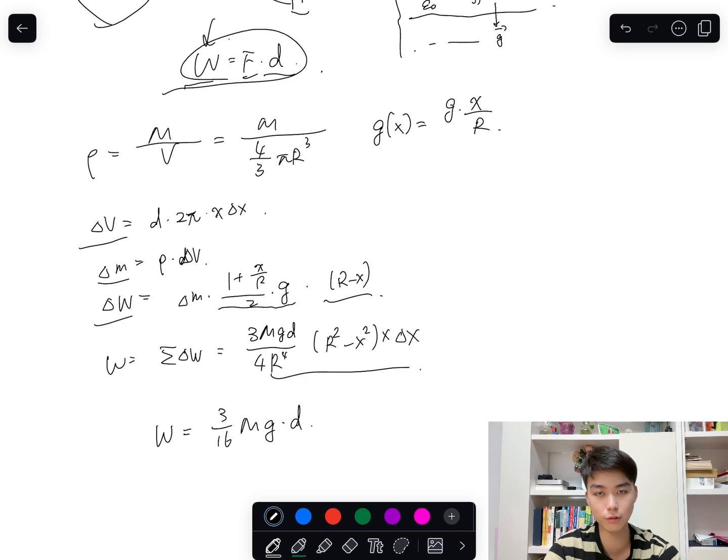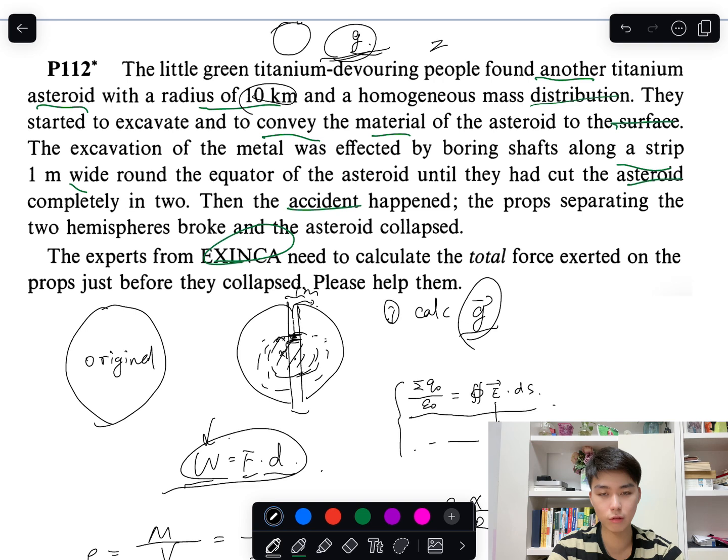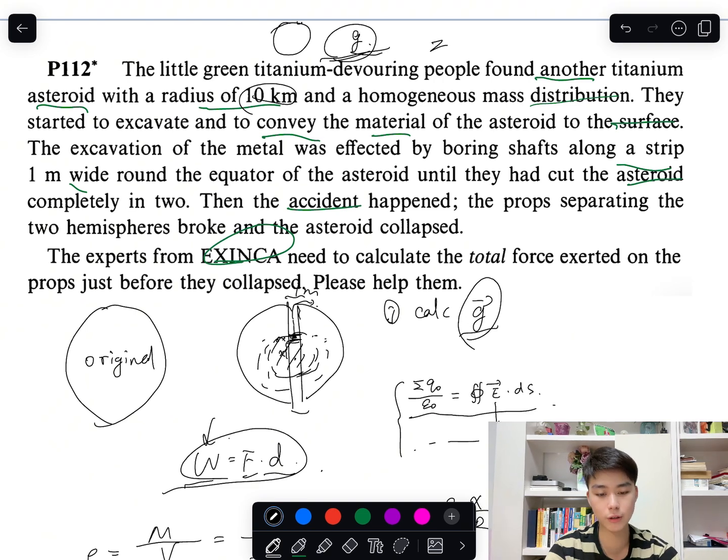I think it is a very brilliant interview problem. It doesn't require a lot of calculation, but the physics idea behind it is very amusing and intriguing as well. And I hope you find this problem fun.